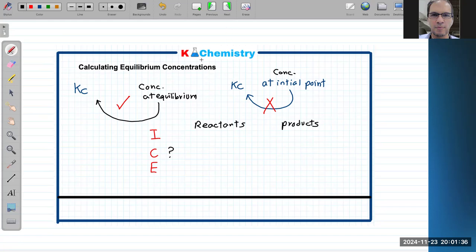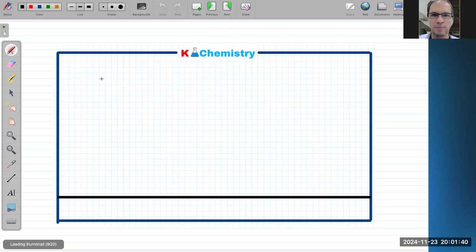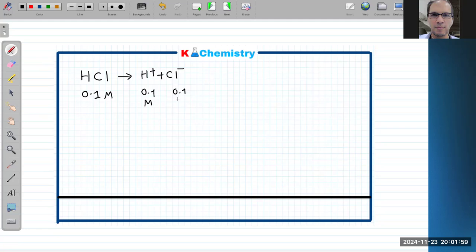And usually this is happening because the reaction is not going in one direction. As we remember, if we are having a one direction equation, like if I have HCl that forms H plus and Cl minus, it was very easy to know that if you have 0.1 molar from the HCl, for sure I will be getting 0.1 molar from this one and 0.1 molar from this one, because I'm sure that all the reactants will be converted into products.